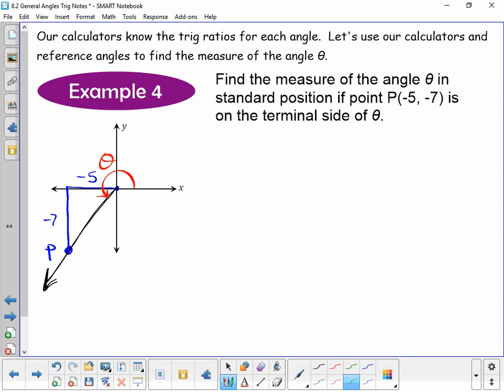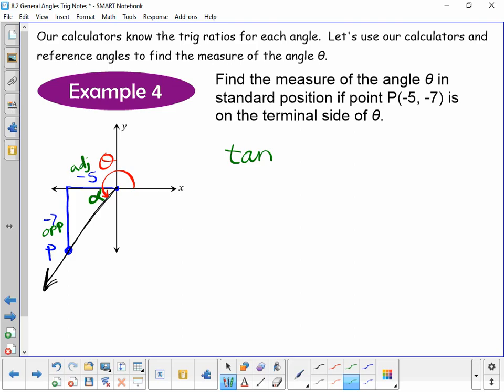So we're going to use this reference triangle and this little reference angle here to find the value of theta. I'm going to label the reference angle alpha. If I'm finding this angle theta, I can use the tangent. I pick the tangent because from this little reference angle, the -7 is the opposite side and the -5 is the adjacent side.